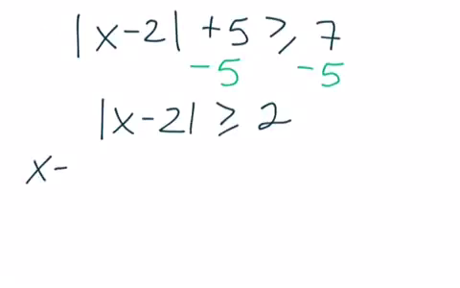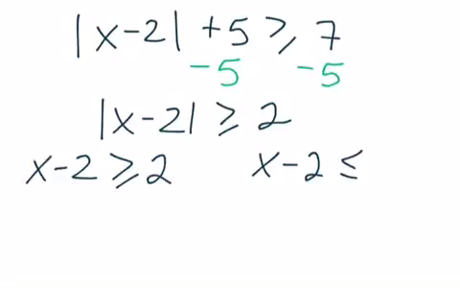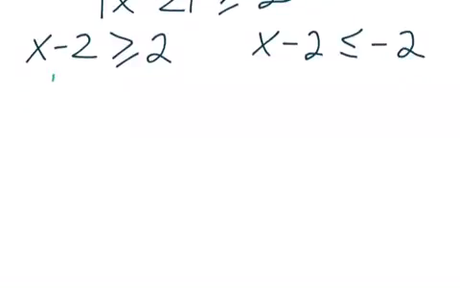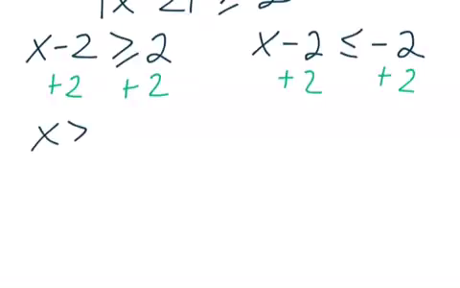So I'm at the point now where I can split them apart. Flip the sign when I make it a -2. Solve for x for both of them. I've got x is greater than or equal to 4, and x is less than or equal to 0.